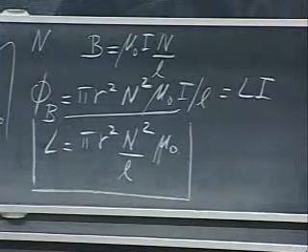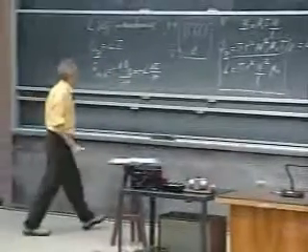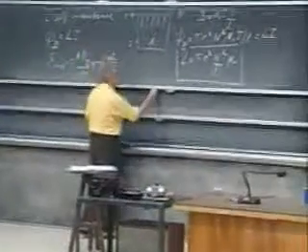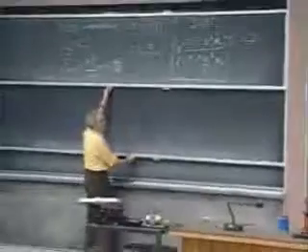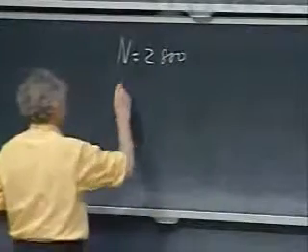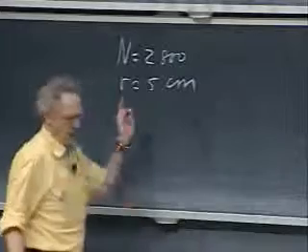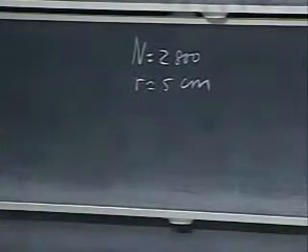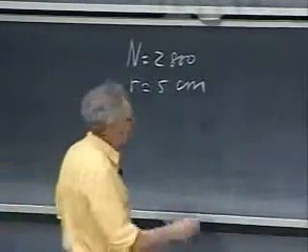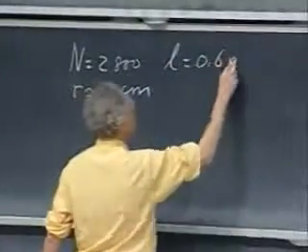And so we can calculate, for instance, what this self-inductance is for a solenoid that we have used in class several times. We had one whereby we had 2,800 windings. R, I think, was something like 5 centimeters. You have to work in SI, of course, be careful. And we had a length of 0.6 meters.